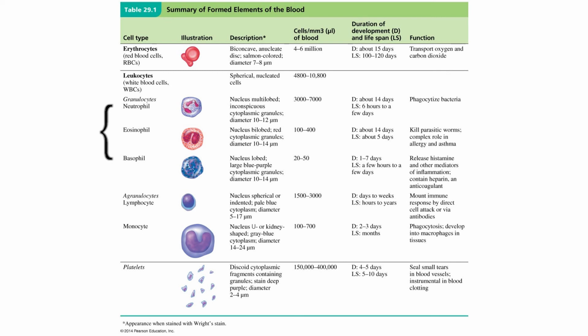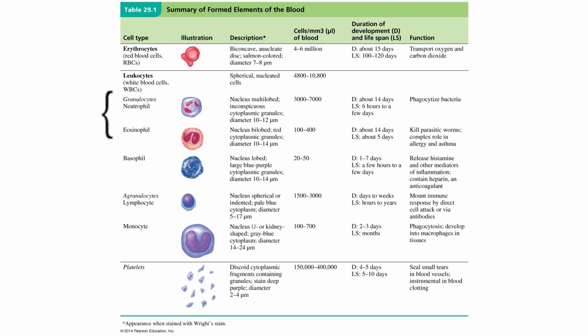So, for instance, in the eosinophil, if you would have an excess of those, then you can look over and see that it has to do with killing parasitic worms, and also having to do with allergic reactions and things like asthma too. So these are very diagnostic things for doctors to check the amount of cells you have.